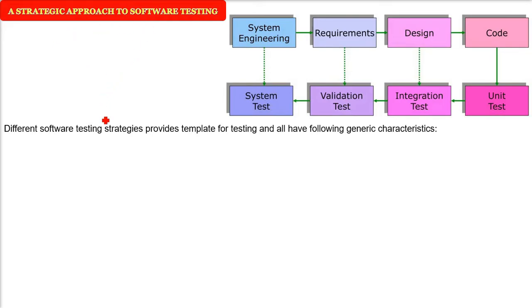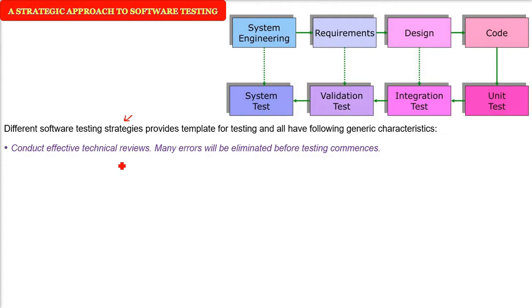A strategic approach to software engineering: there are different testing strategies, but mostly all of them provide a template. They provide a way for testing, and they all have certain general characteristics and attributes.